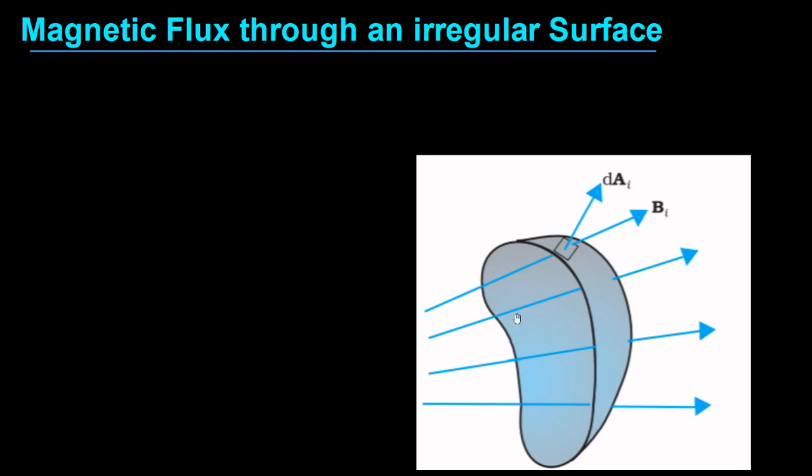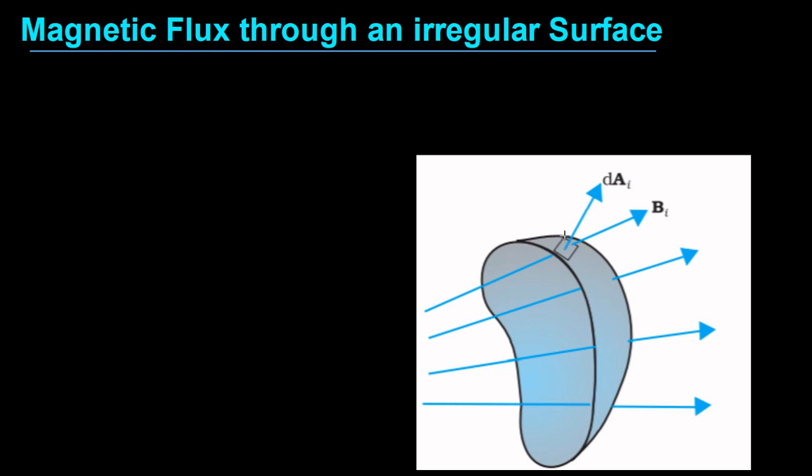All the magnetic field lines are in different directions. Though the magnitudes are the same, directions are different, meaning the magnetic field is not uniform throughout. And the area is also an irregular surface area.